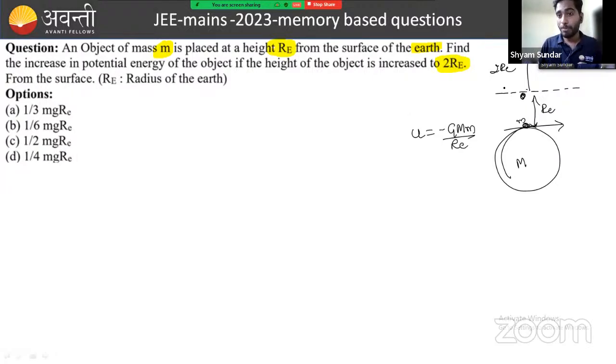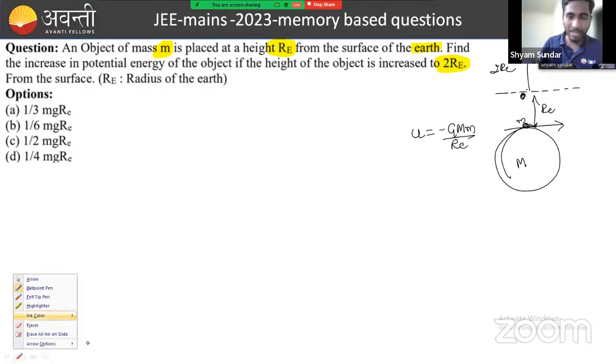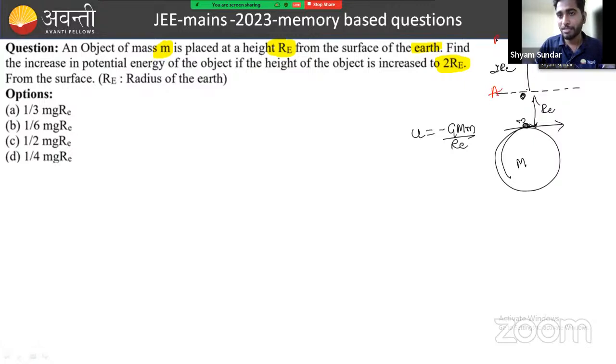For our representation, this is point A and this is point B. To take the object from A to B, how much potential energy is gained? I need to calculate this. First we'll calculate at A. What is the potential energy at A? As per the formula, UA equals minus G M m divided by RE.